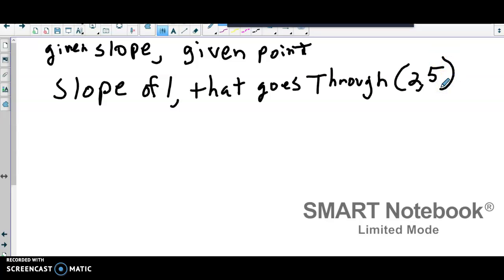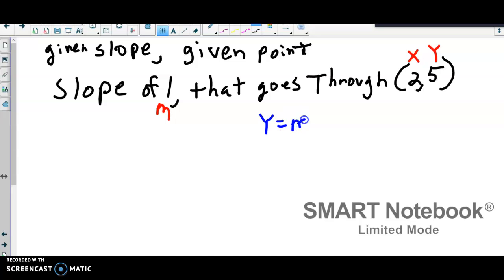Okay, so I'm given that problem and I got to write an equation that represents that. So first thing I got to know is that there's my m and here's my x and here's my y. Now when I write out my y equals mx plus b, the first thing that we're going to do is substitute.